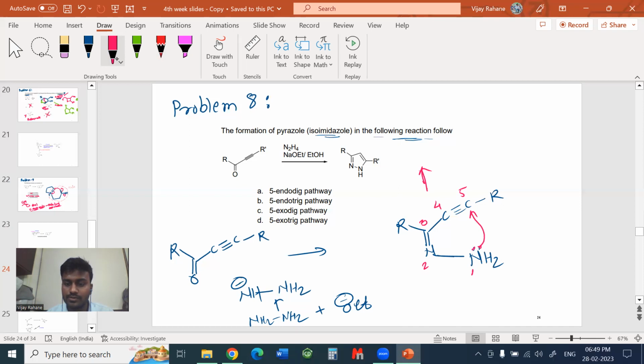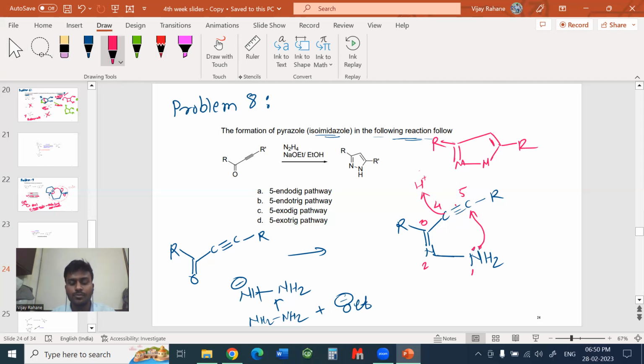This NH2 lone pair of nitrogen attacks on this carbon, this bond shifts here, and I will write the product formed here. This abstracts a proton from the center to form the product.